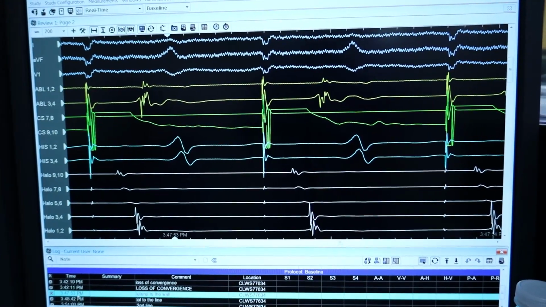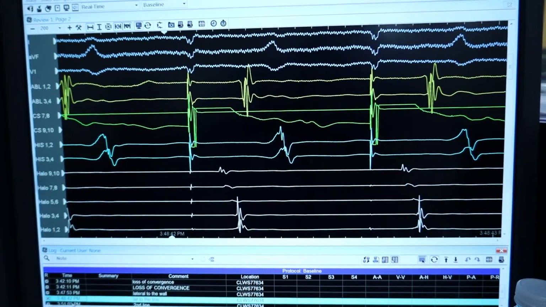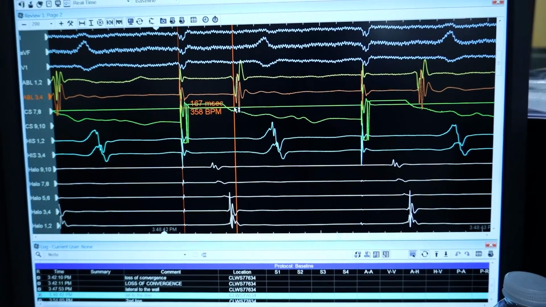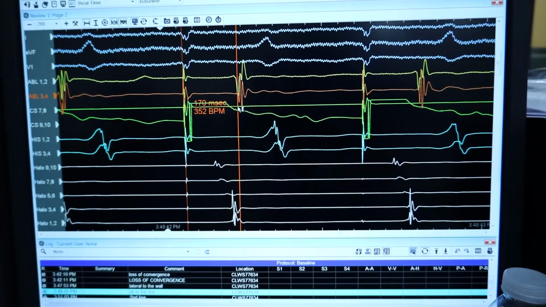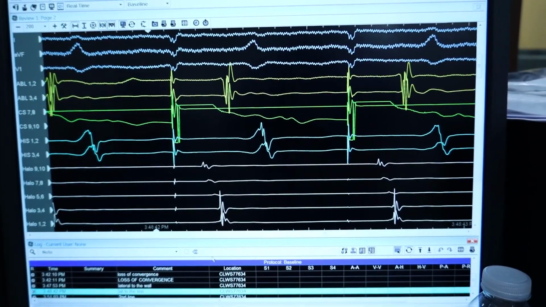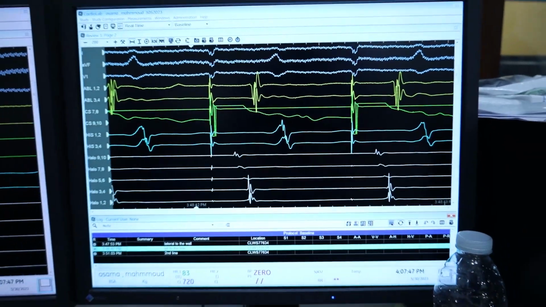and place the ablation catheter lateral to the line, and we can appreciate that lateral to the line, the interval from the pacing artifact is 170 milliseconds, which is much later than the distal halo.